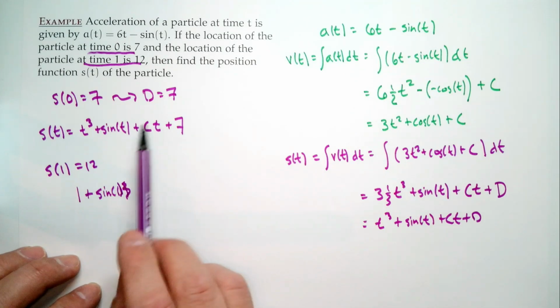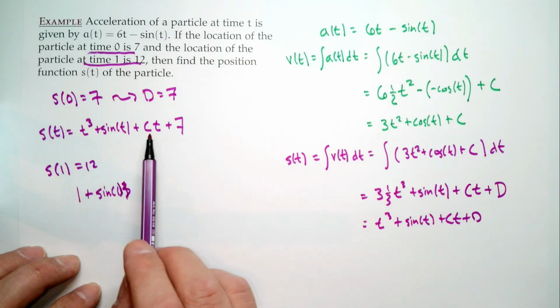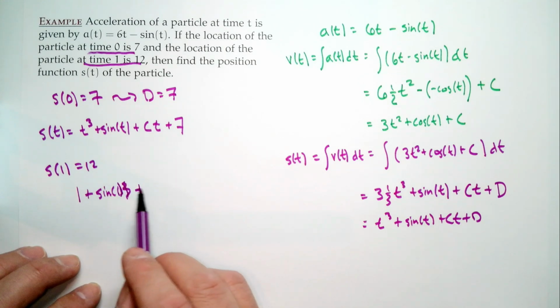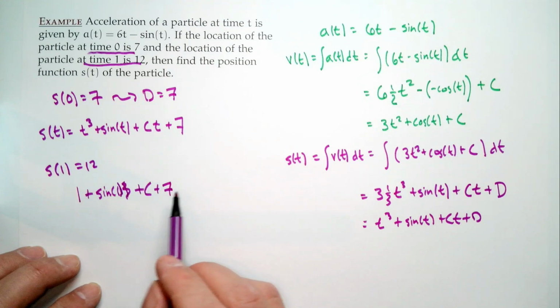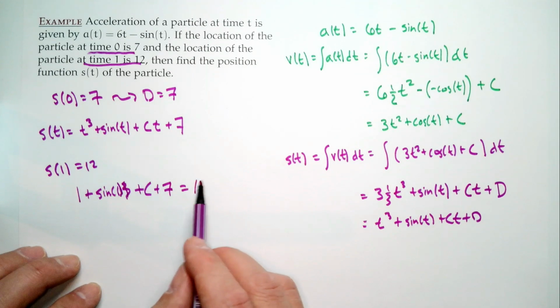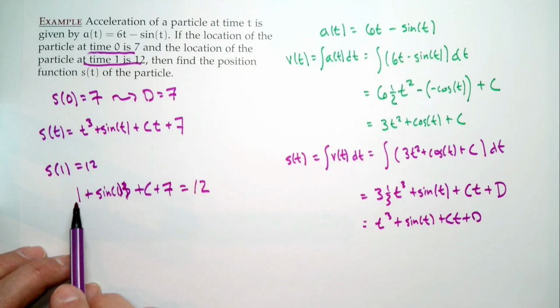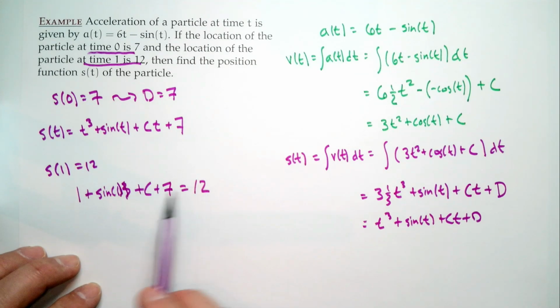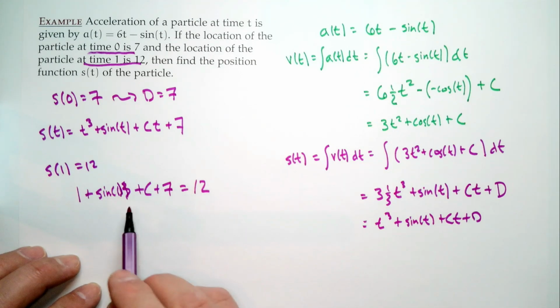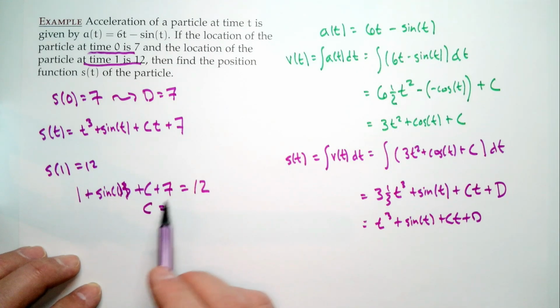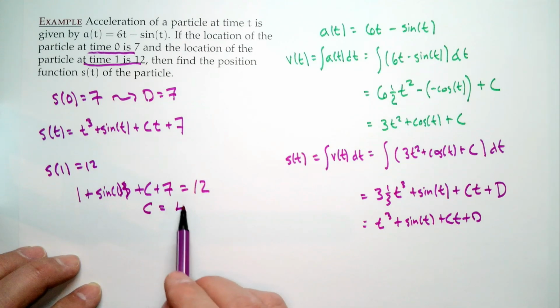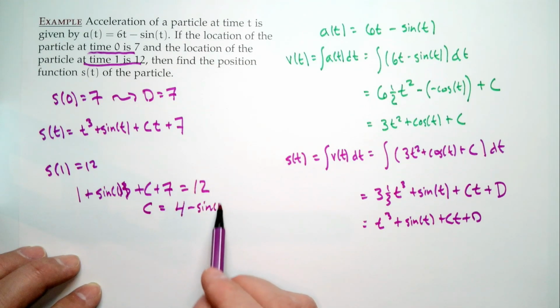Plus, well, t is 1, so c plus 7 equals 12. So I can subtract the 1, I can subtract the 7, and I can also subtract the sine of 1. So we get that c, well, 12 minus 8 will be 4 minus sine of 1.